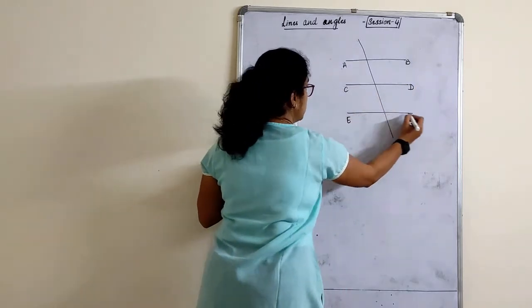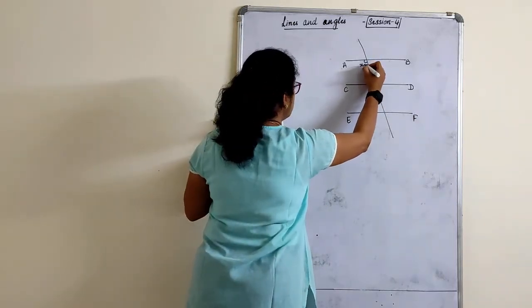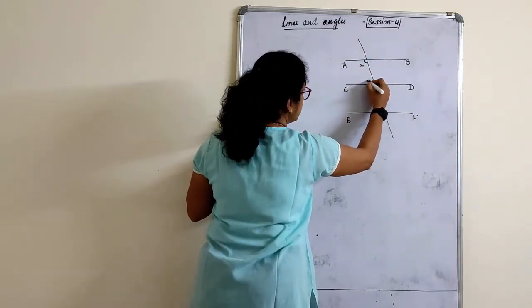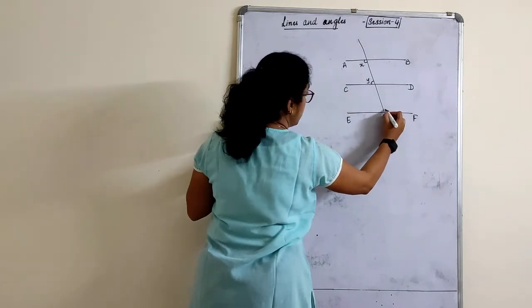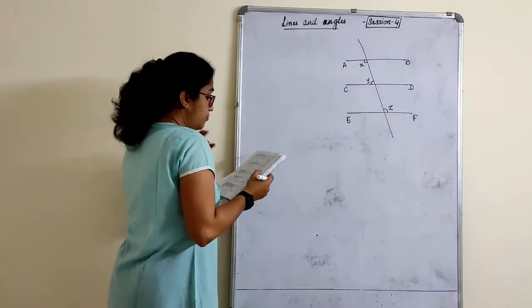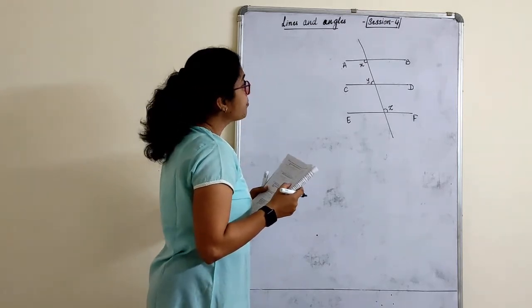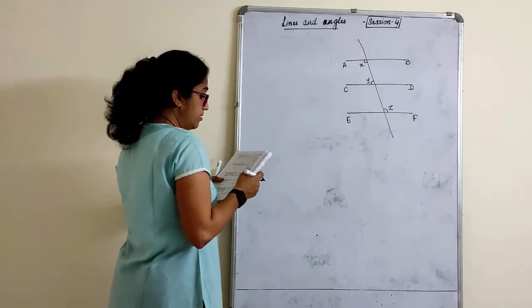This is x, this is y and this is z. What we have to find now is angle x, y and z, and y and z are given in some ratio. So let's find them.